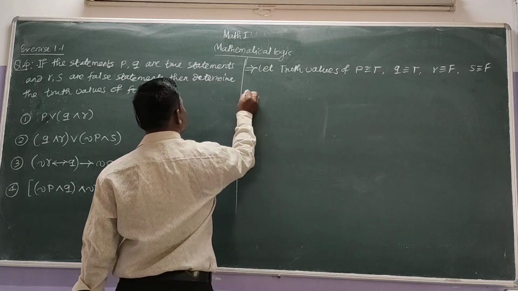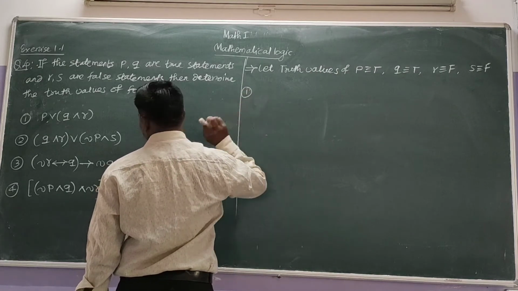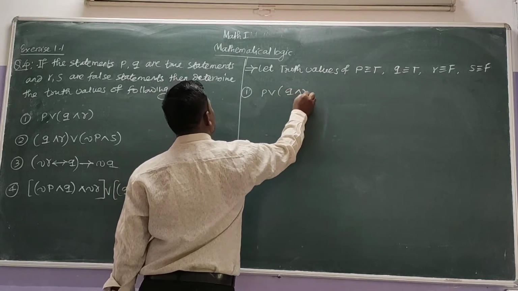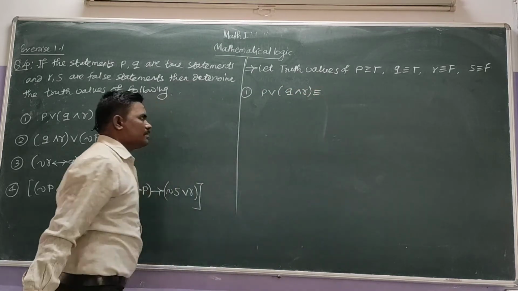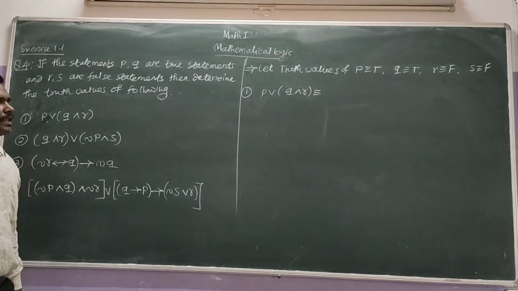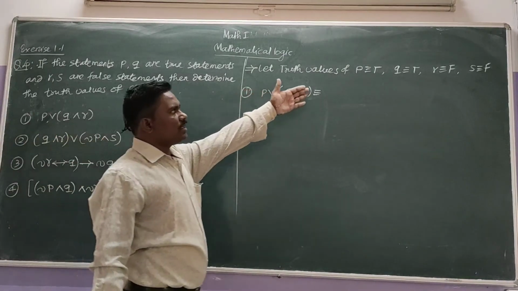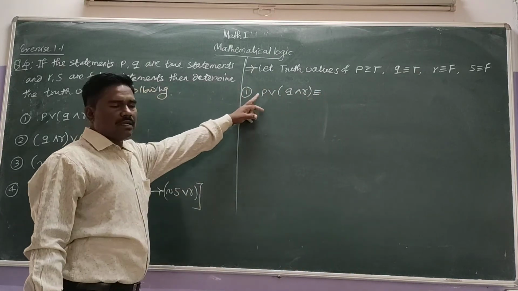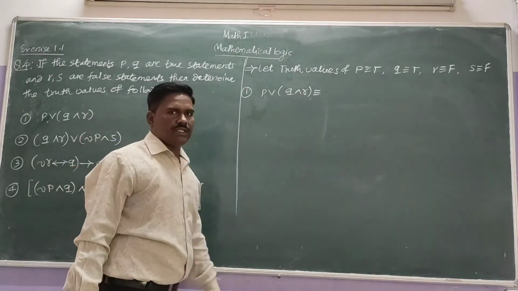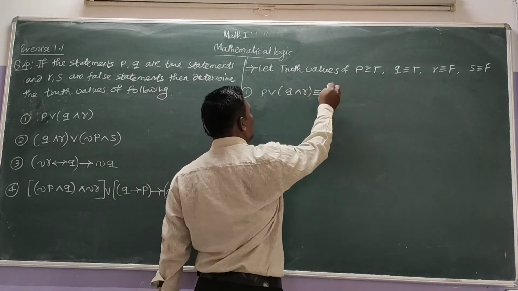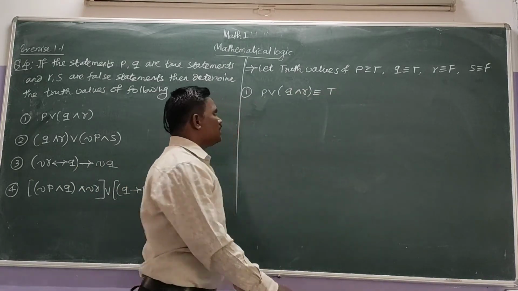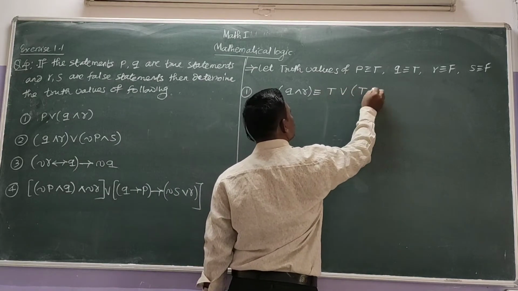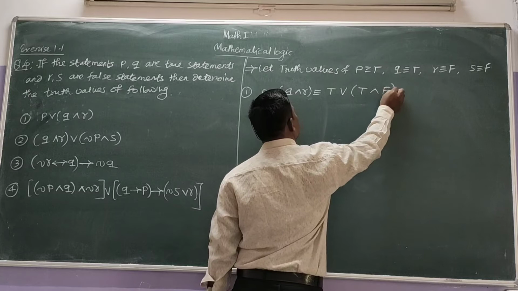To solve the first example, P disjunction in bracket Q conjunction R. We know all the truth values of P, Q, R and S. Write the truth value of P, that is true, disjunction in bracket Q is also true, conjunction R is false.